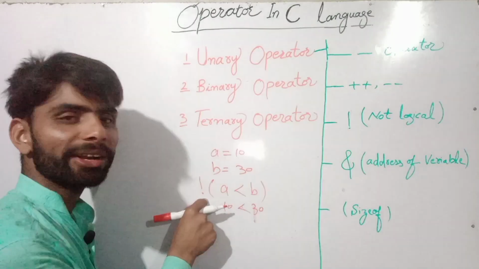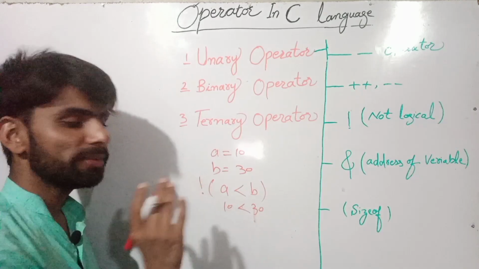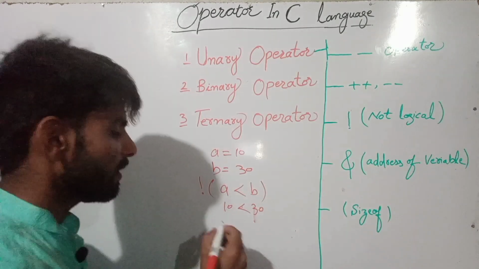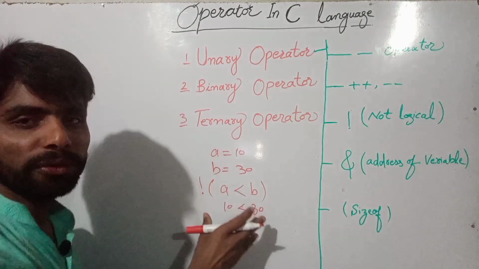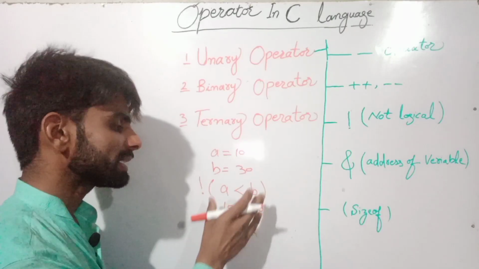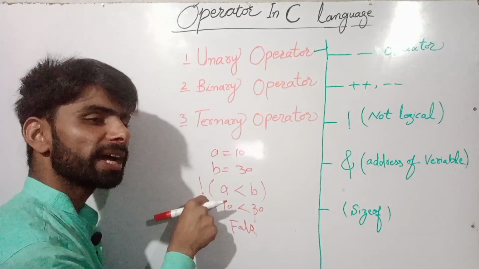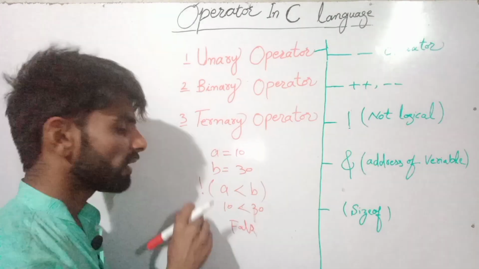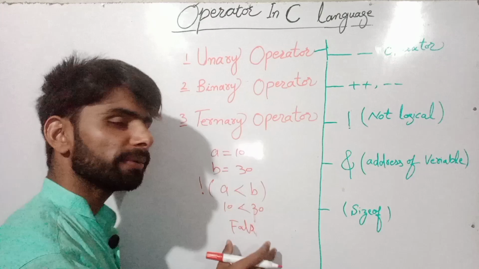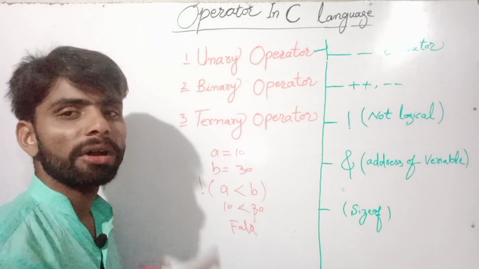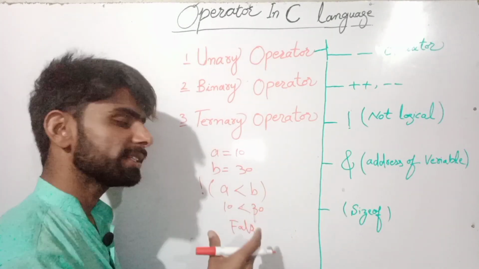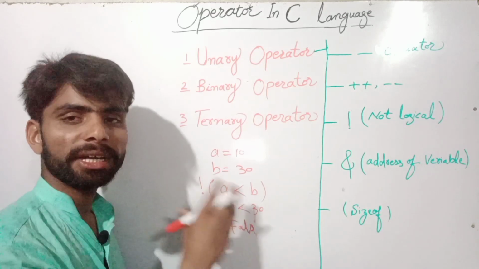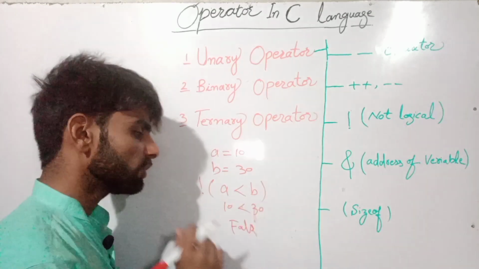But we have used the not operator here, so what will be the output? It will give you the output false, because the not operator reverts the value, reverts the output. If the condition is true, it will give you false, and if the condition is wrong, it will give you true, right?